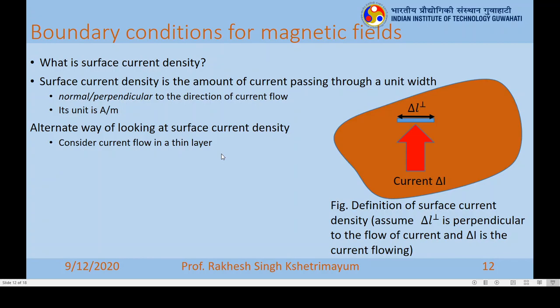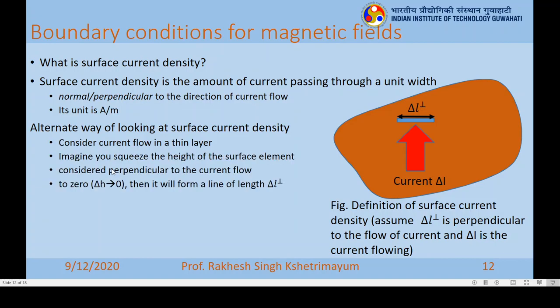Current flow for the surface current density should be in a thin layer. Its own current should be flowing in a surface. In the volume current density, current was flowing in a volume, but in the surface current density, current should be flowing in a surface. Imagine that you squeeze the height of the surface element we have considered, delta S, to 0.